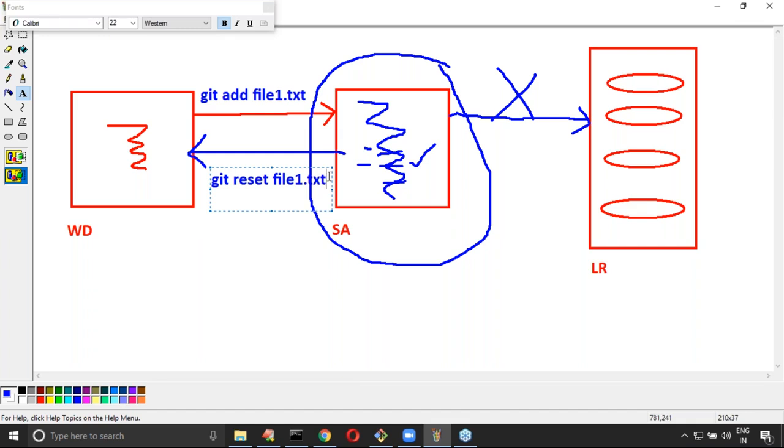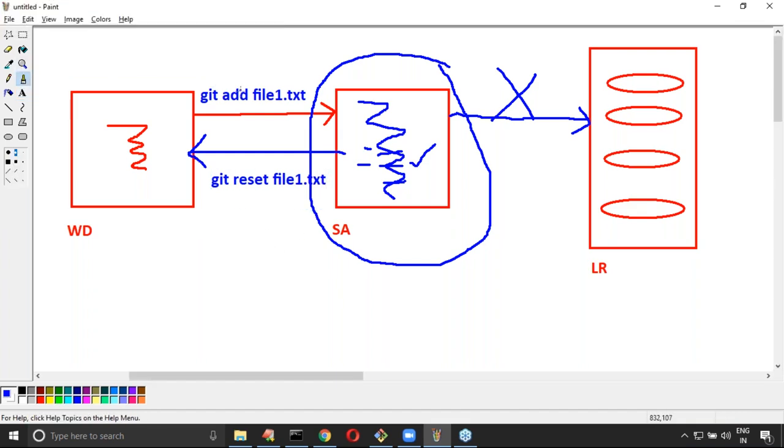Now take very special care. Git add will add changes to the staging area, but git reset will remove the changes from staging area. Are you getting it? Please respond. I hope everyone is in a position to understand what is the meaning of git reset. This is utility one.